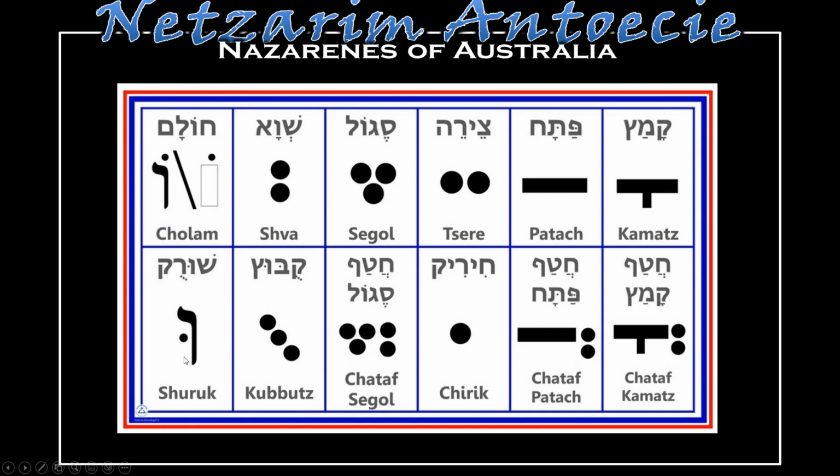We have shuruk, which is like a shorter U sound, and kubutz, which is a longer U, and then we have a combination of shava and segol called a kataf segol. Then we have chirik, that's the I sound, and then we have a combination of, again, shava and patak. It's called a kataf patak. And then we have a combination again of shava followed by a kamats, called a kataf kamats.